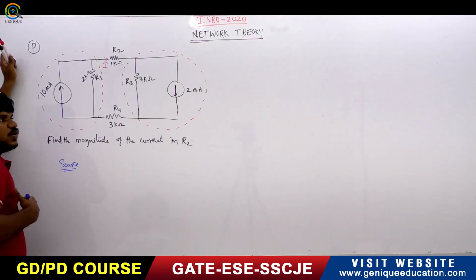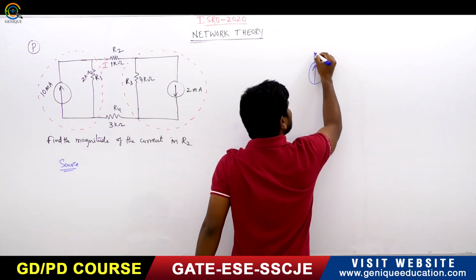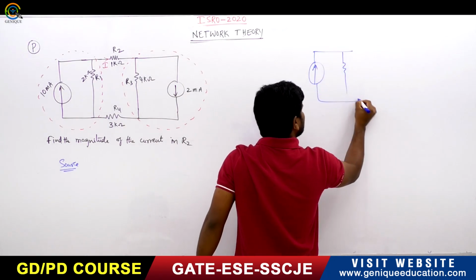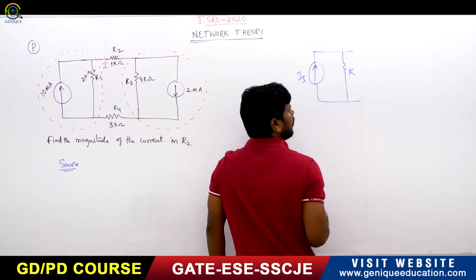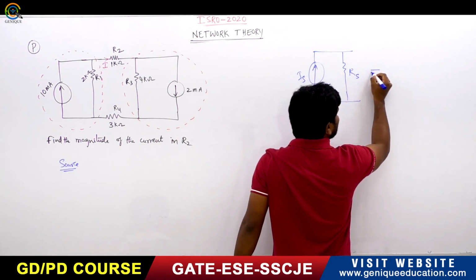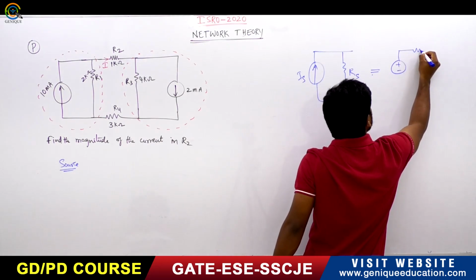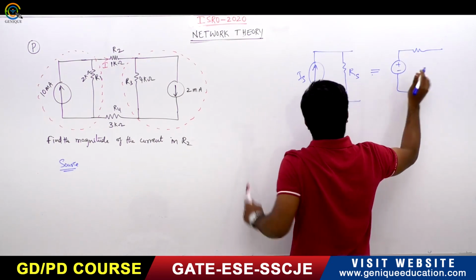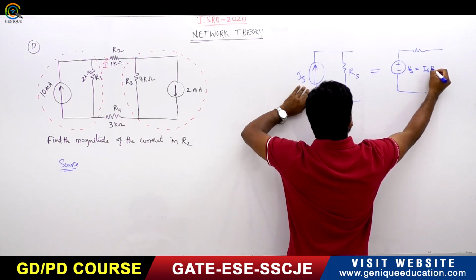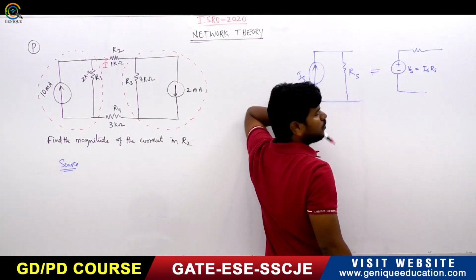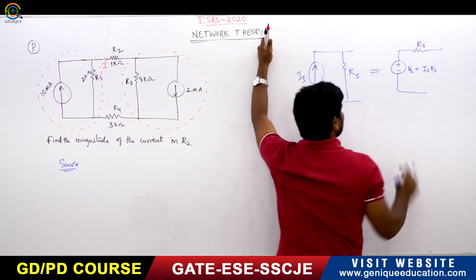So how can we write the source transformation? Suppose any current source IS in parallel with a resistance RS can be converted into one voltage source in series with a resistance. What is this voltage source? Vs is equal to Is into Rs, the multiplication of these two, in series with the resistance Rs only.